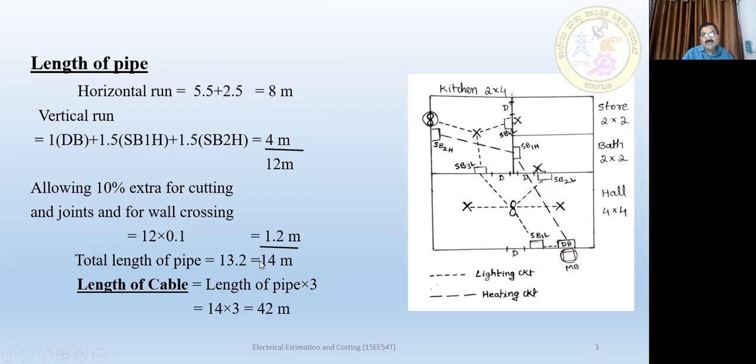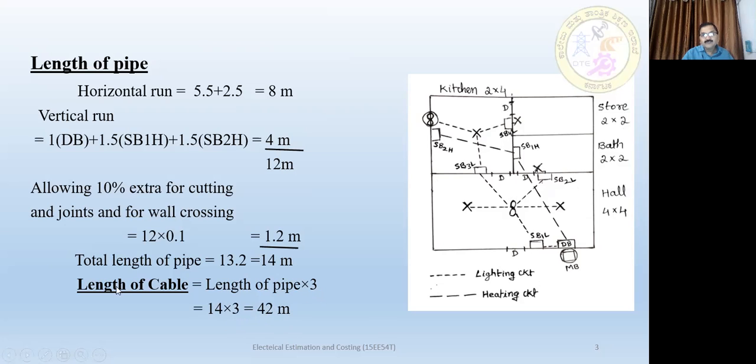When we know the length of pipe, we can calculate the length of cable. It is given by the formula length of pipe into 3, an approximate value, not exact. So the length of pipe is 14 meter, into 3, we get 42 meter.